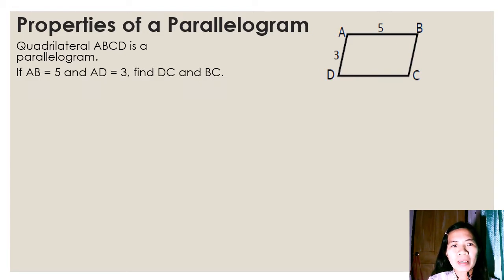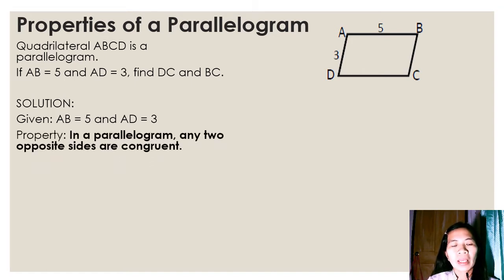If AB is equal to 5 and segment AD is equal to 3, find segment DC and segment BC. So we have here a solution. First, we have to identify the given. Then we will use a property which is, in a parallelogram, any two opposite sides are congruent.